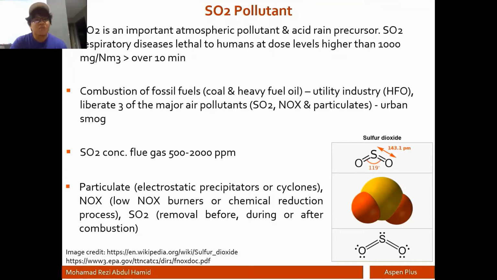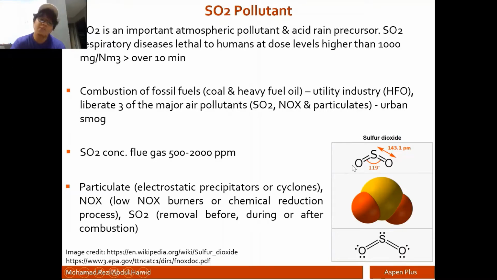Before we begin our simulation, I think it would be a good idea to get some background information on the SO2 pollutant. In the image at the bottom right, this is the structure of SO2, where we have sulfur at the center and two oxygen atoms covalently bonded to sulfur.